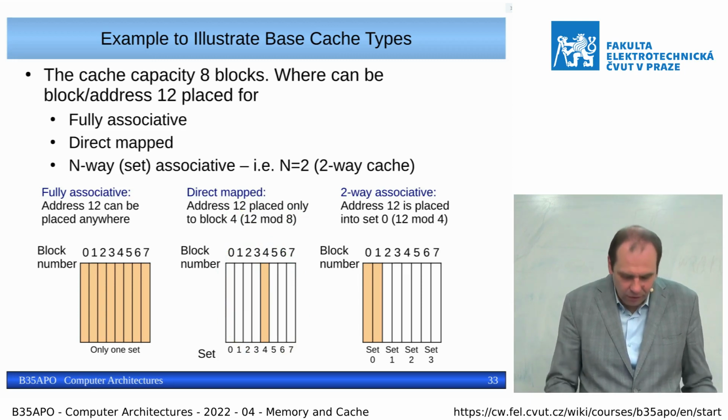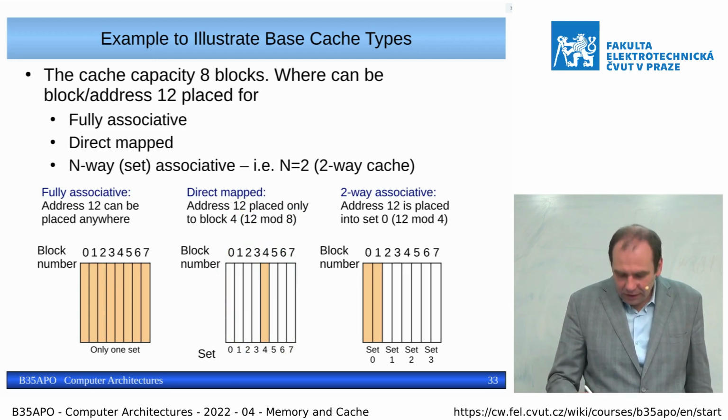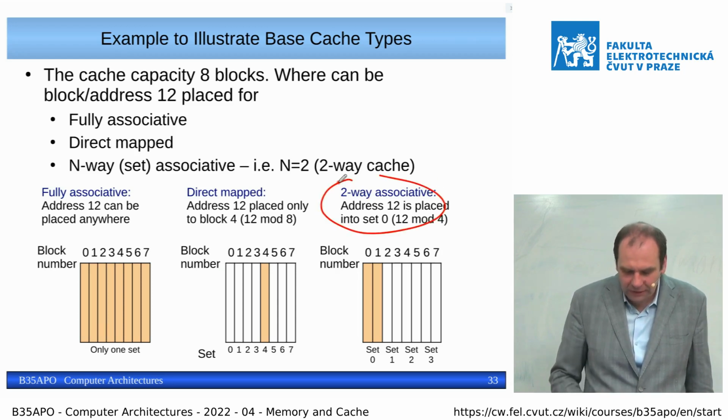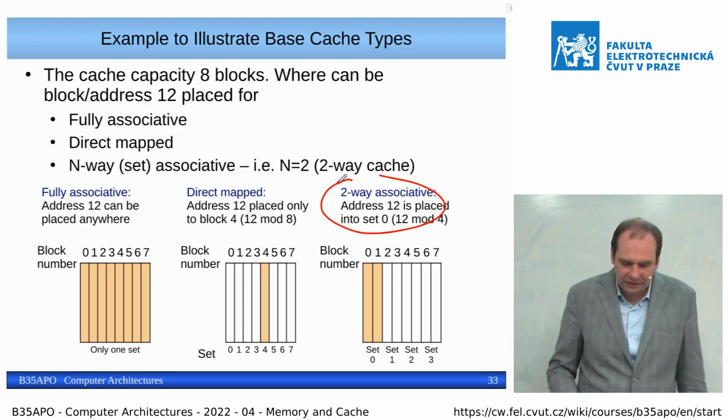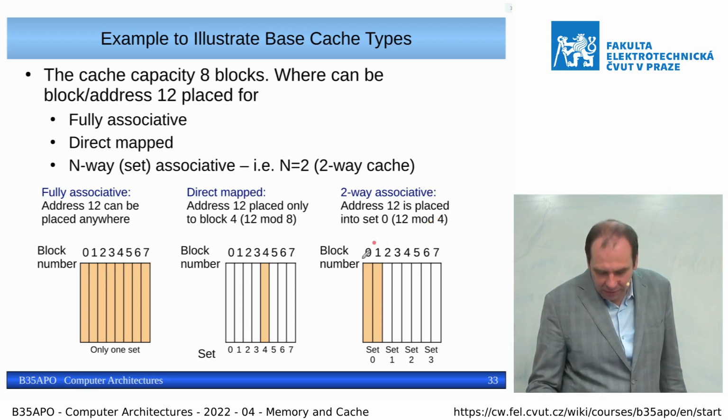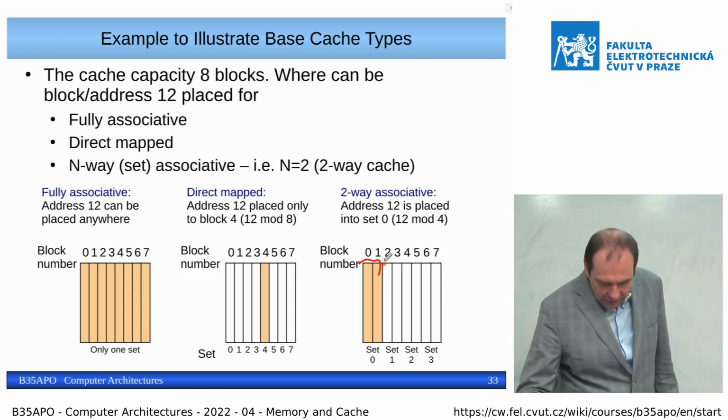It doesn't work too well as well. So we usually use a compromise when we have a 2, 4 or 8-way associative cache. This means that we divide the blocks into some groups. In this case, those groups are called sets.